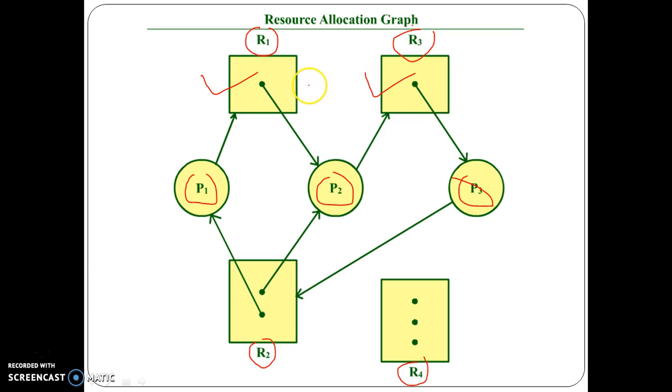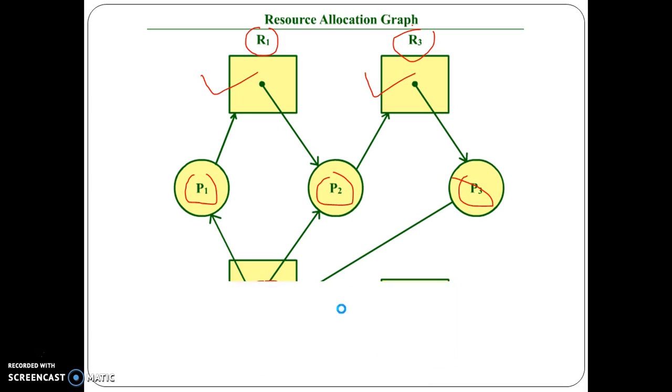It means these resources can be allocated to only one process at a time. Resource R2 and resource R4 are multi-instance resources. It means resource R2 can be allocated to two processes at a time, and resource R4 can be allocated to three processes at a time.